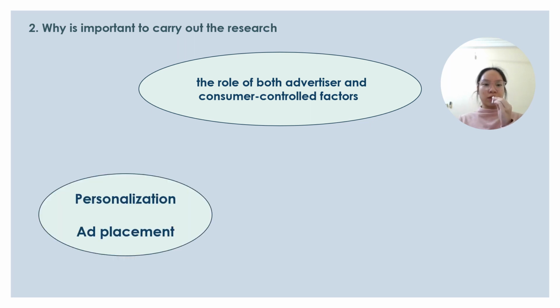Advertiser-controlled factors: research shows that personalization helps advertisers more accurately advertise what consumers pay attention to and helps consumers see ads that interest them. Research also shows that no consensus exists on the preferred ad placement from a consumer perspective.